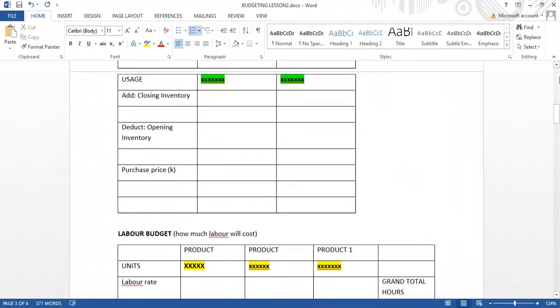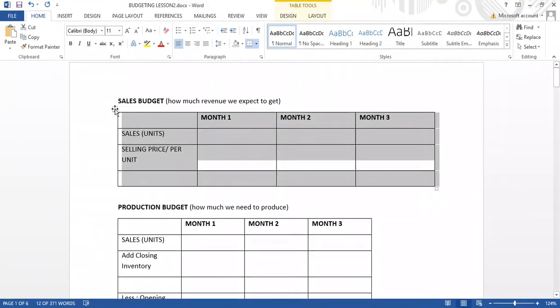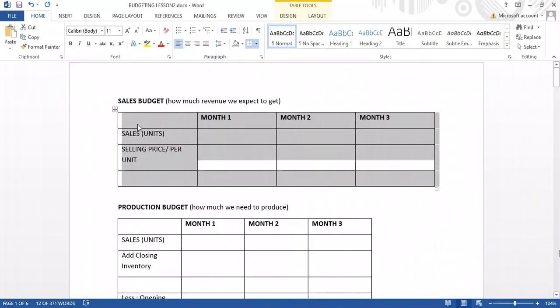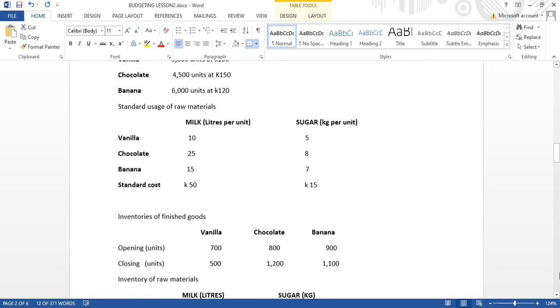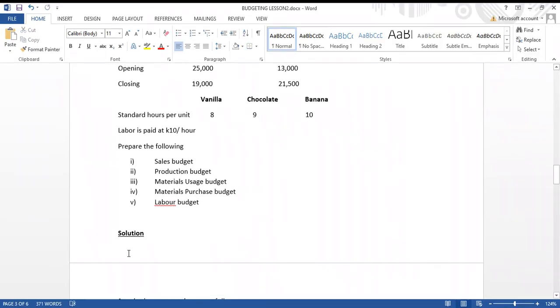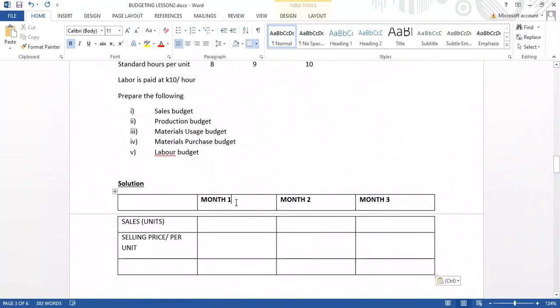Let me get my table here. Now this time, instead of having months here, we have our ice cream flavors.